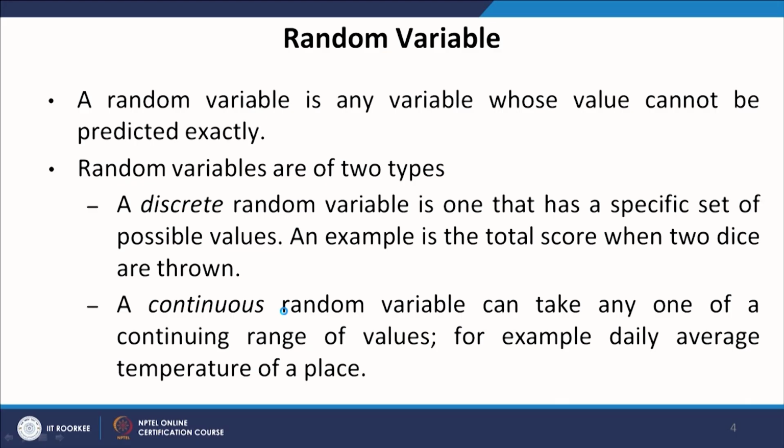On the other hand, a continuous random variable can take any one of a continuous range of values, for example, the daily average temperature of a place. It can also be numbers from the field of economics.